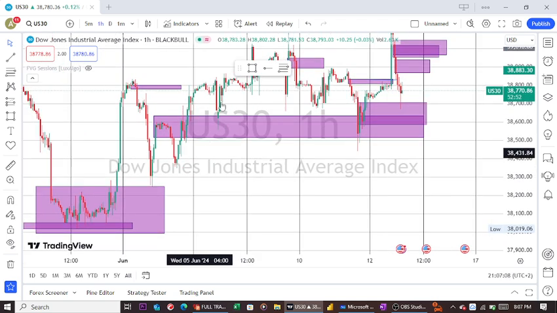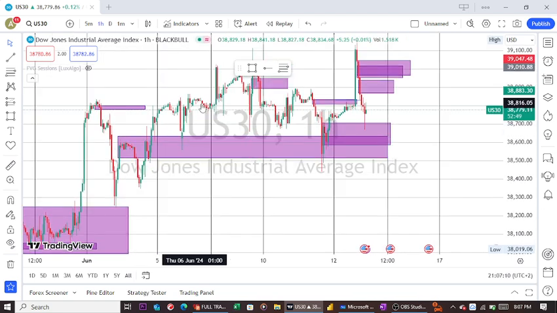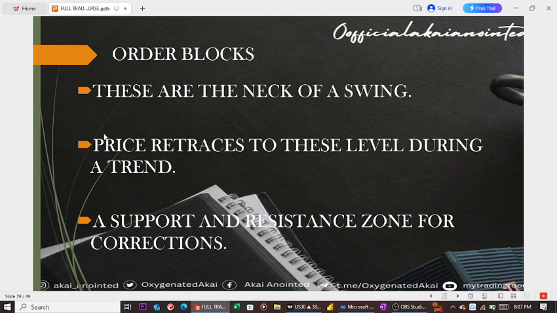And definitely it's always going to hit. For this scenario, it hit past it, went further, and it's going to be dropping soon. That is what an order block really looks like. So price retraces to this level during a trend, a support and resistance zone for corrections.